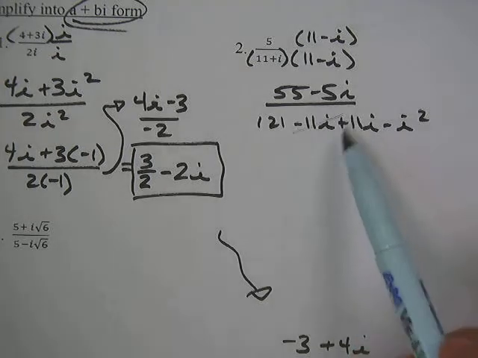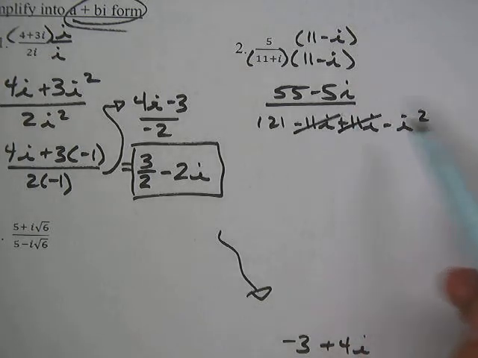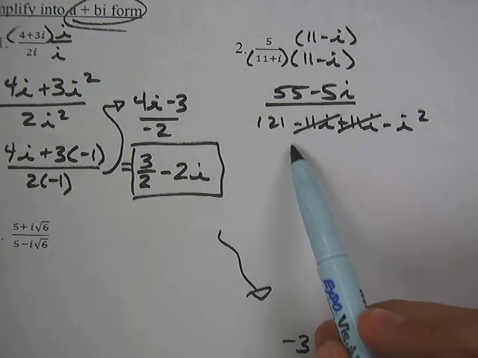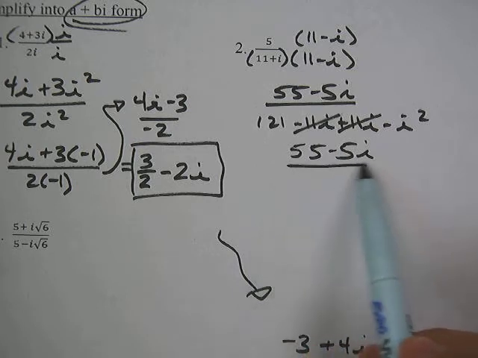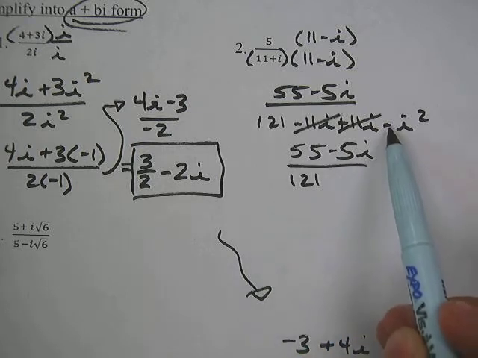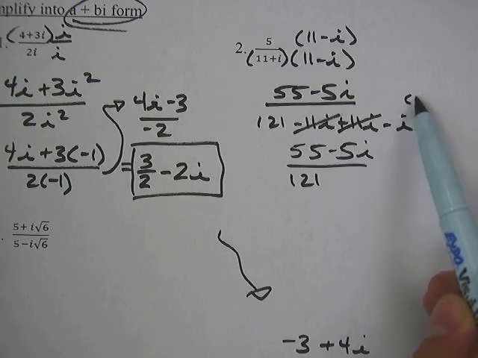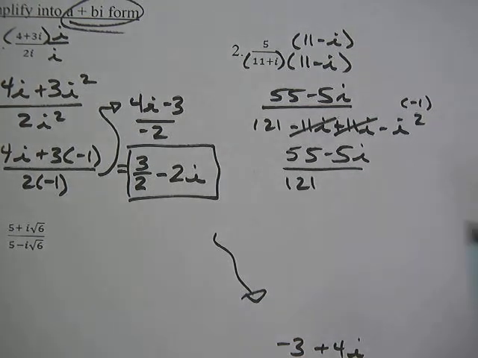Again, the whole point of a conjugate is that these middle terms go away, and they do. And here again, we have an i squared, so we're going to make that negative 1. So I get 55 minus 5i over 121 minus negative 1, so that becomes plus 1.